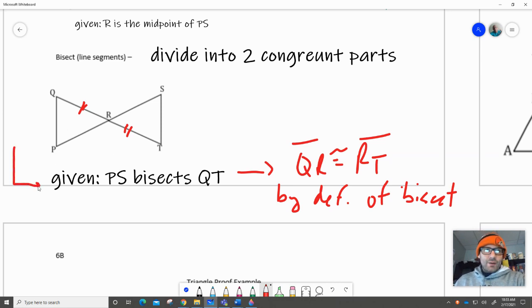So if the information is given to us that PS bisects QT, in other words, PS is a knife that is cutting QT in half, then QR is congruent to RT.